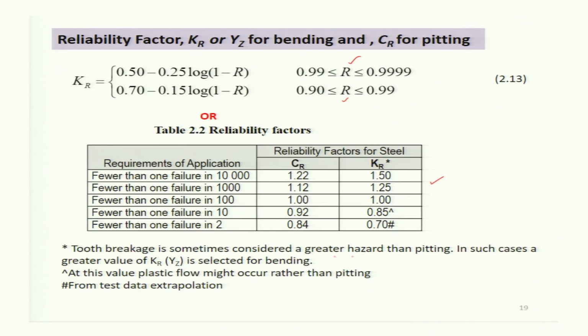In such cases, a greater value of Kr, reliability factor, is selected for bending. Okay. Now, at this value, plastic flow might occur rather than pitting. Well, for this particular case, this is given here, and for this particular case from the test data extrapolation.